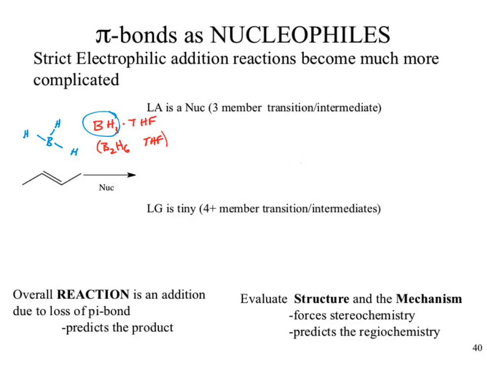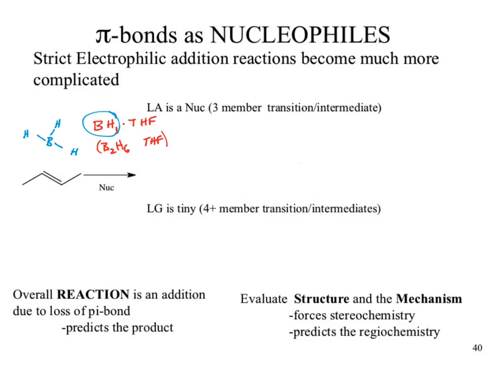So now what happens? With that missing octet, what would its hybridization be? sp2, which means what's left over? A p orbital. And what could you possibly put into an empty p orbital? 2 electrons from, say, the pi bond.